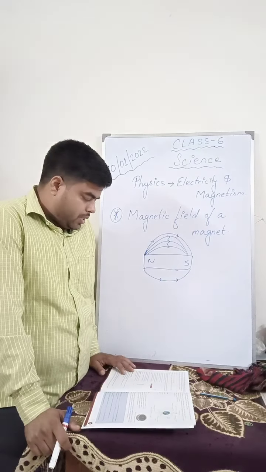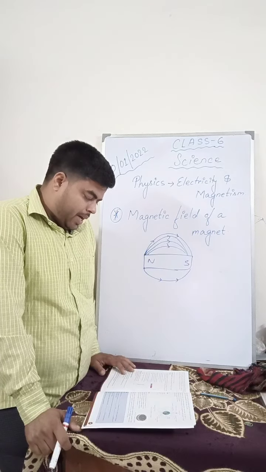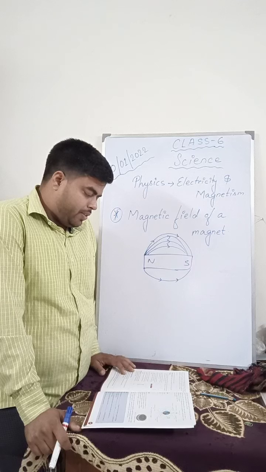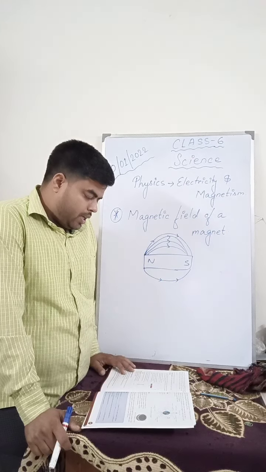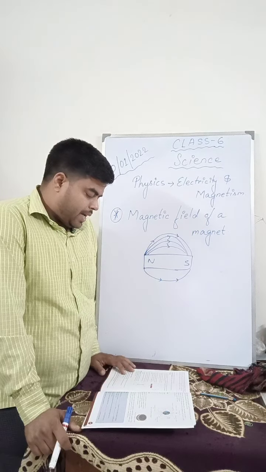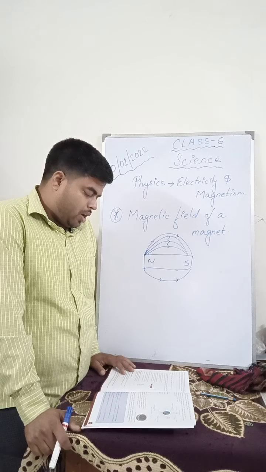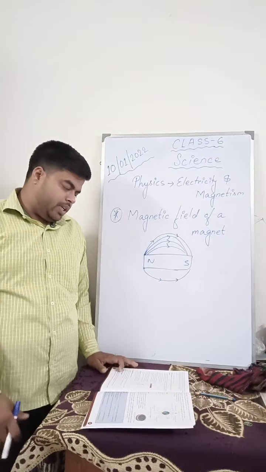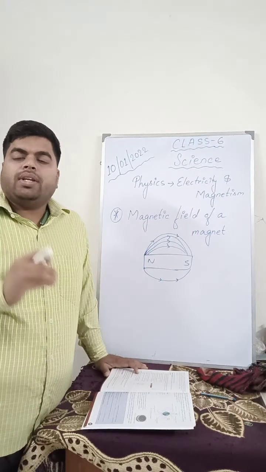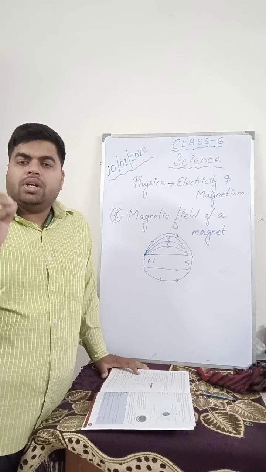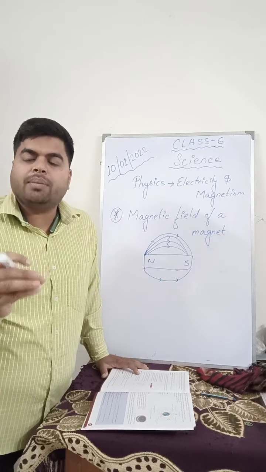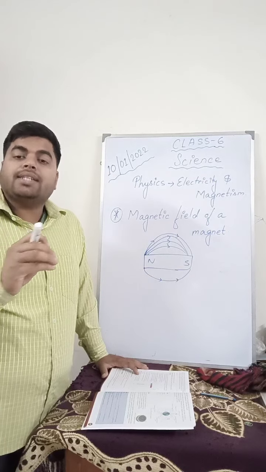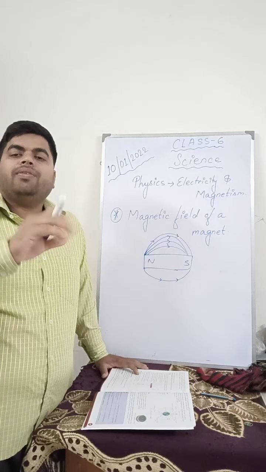Since the compass has a tiny magnet, it gets deflected in the vicinity of another magnet. So let us perform an activity to draw the magnetic field lines of a bar magnet. Because the magnet present in the magnetic compass is very small, it gets deflected by the attraction of another magnet.